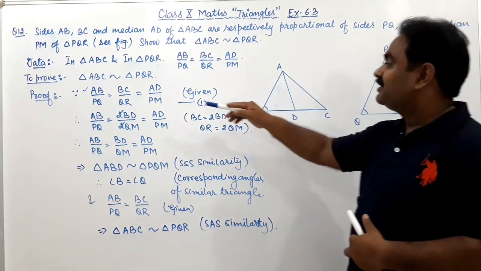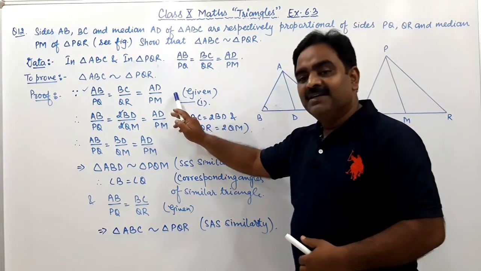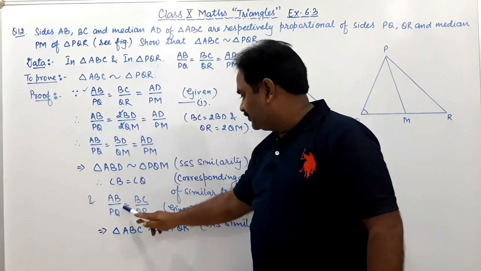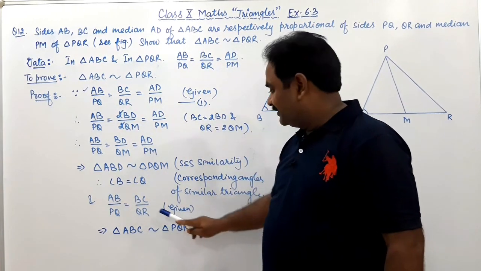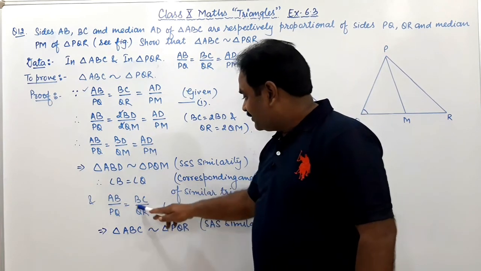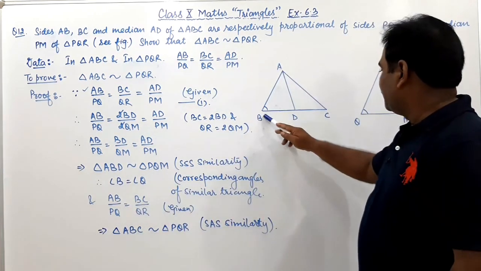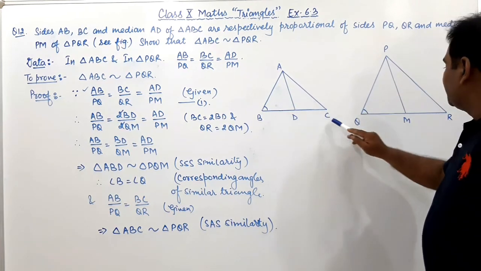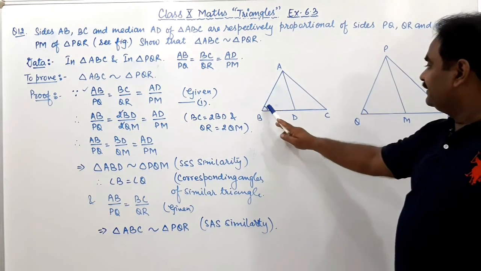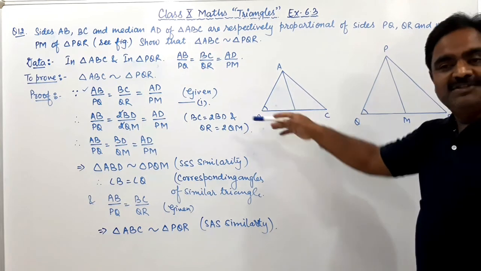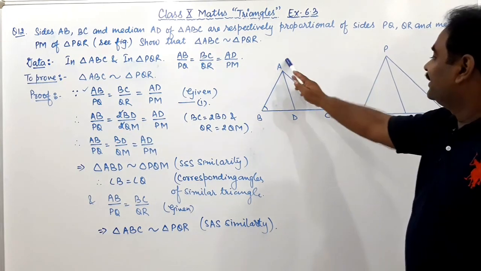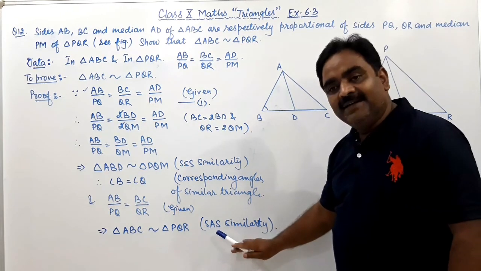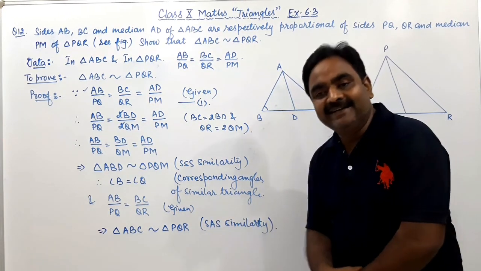Now just come once again to this given. Since AB upon PQ equals BC upon QR, therefore the sides of this triangle ABC are in the same ratio, and the included angle of these two sides is equal. Therefore triangle ABC is similar to triangle PQR by side angle side similarity criteria.